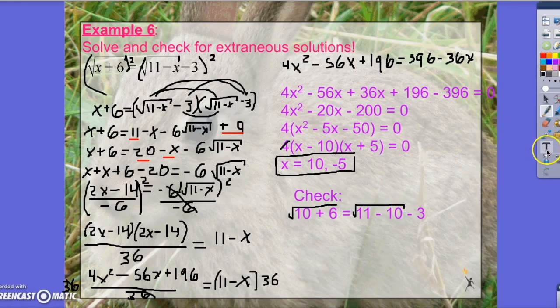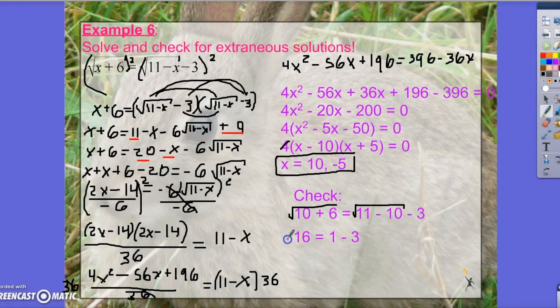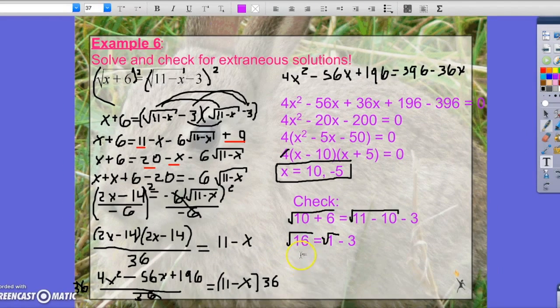Evaluate from the original. Square root of 16 is 4 equals square root of 1 is 1 minus 3.